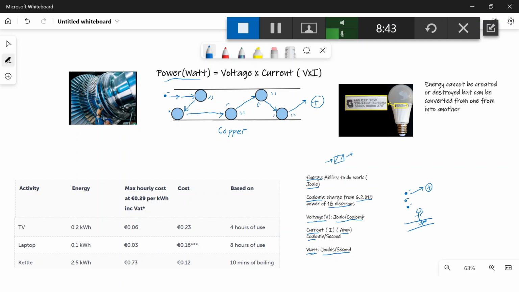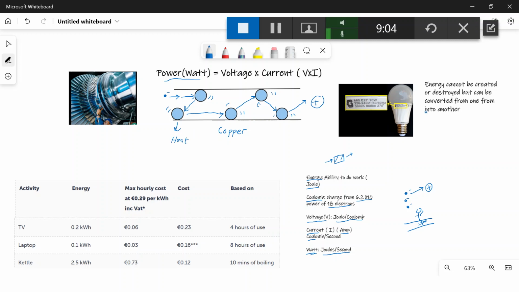Or another way to think about it is it's going to make the atoms in the wire do some work. It's going to exert a force onto each of the atoms, and that vibration will be felt as heat.